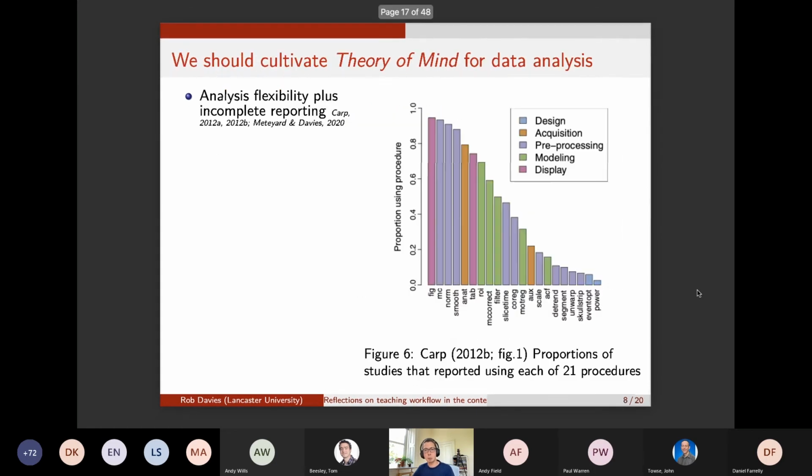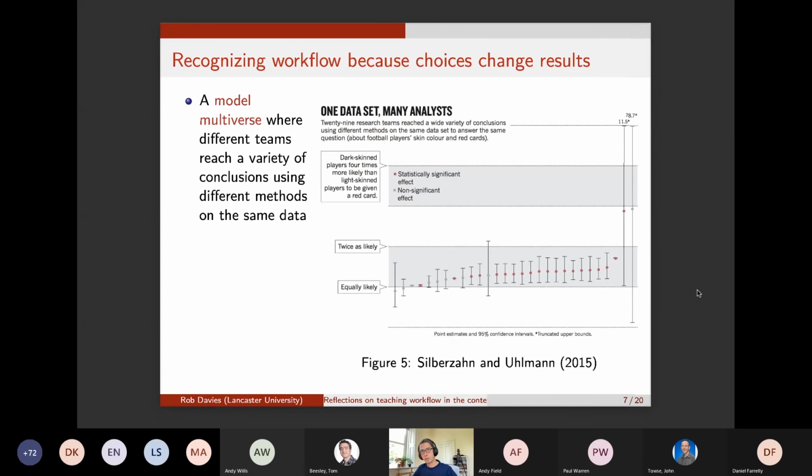And here, everybody's using reasonable methods. Reasonable people will differ, however, and you're going to get different results in terms of the magnitude and sometimes the sign of the estimates alongside differences in p-values.